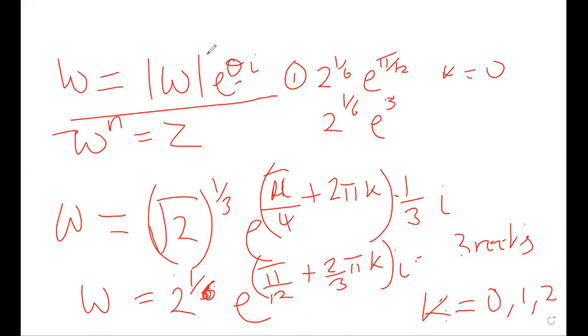Yeah, I'm not using a calculator. Pi I. And then that's when k is 1. And then when k is 2, you can do the last one. I don't have a calculator on me. So yeah, I hope you understand this one.